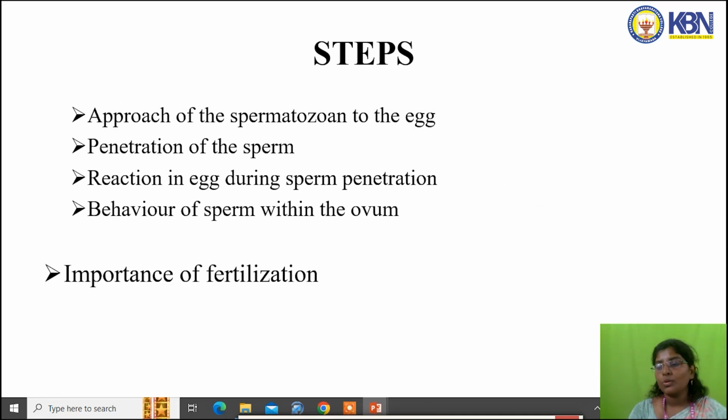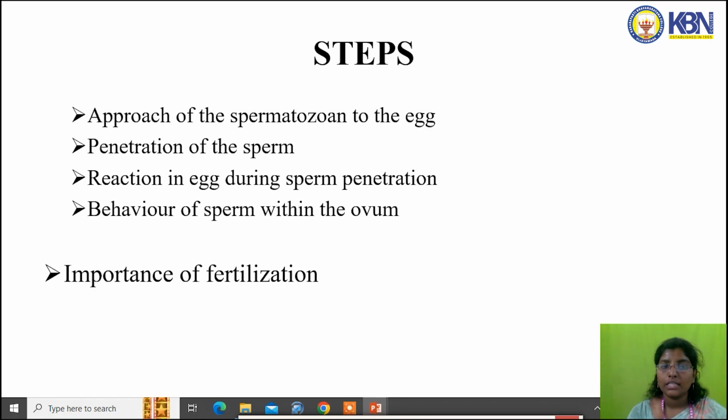In sexual reproduction, we can observe four steps. First, the approach of the spermatozoon to the egg: with the help of the tail, it moves near to the egg. Next, penetration of the sperm.